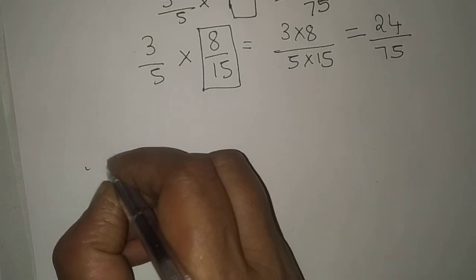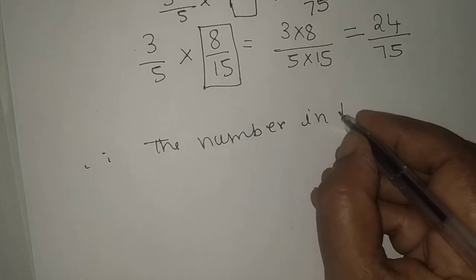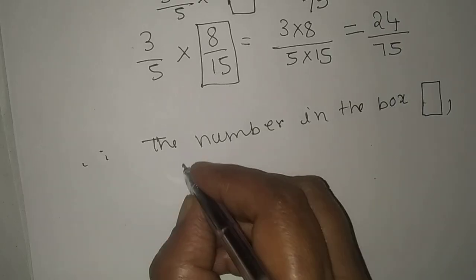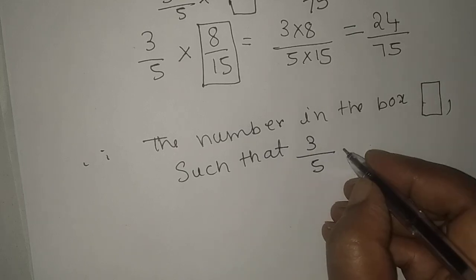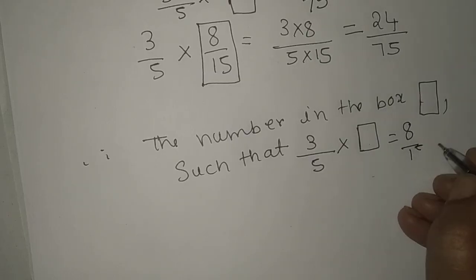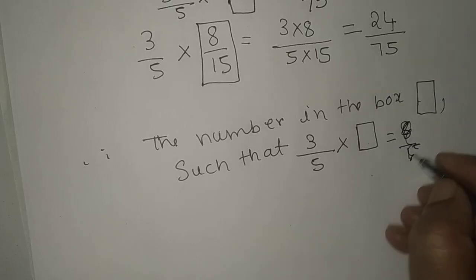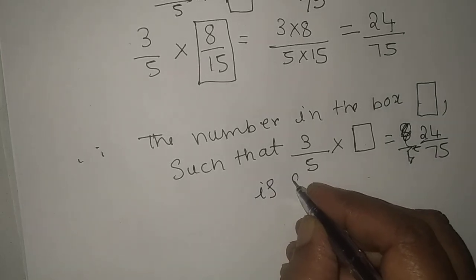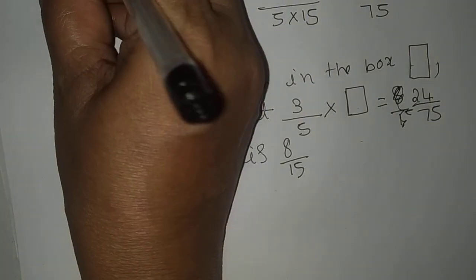Finally, we can write: the number in the box such that 3/5 into the box is equal to 24/75 is 8/15. This is 8B, first one.